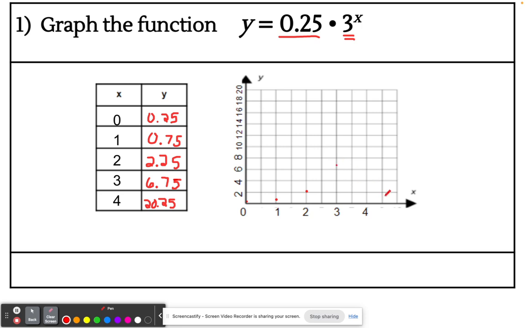And then 20.25 is going to be a tiny bit above this line. And you can see that growth, and taking off. Oh, that is a bad line. So that is exponential growth again.